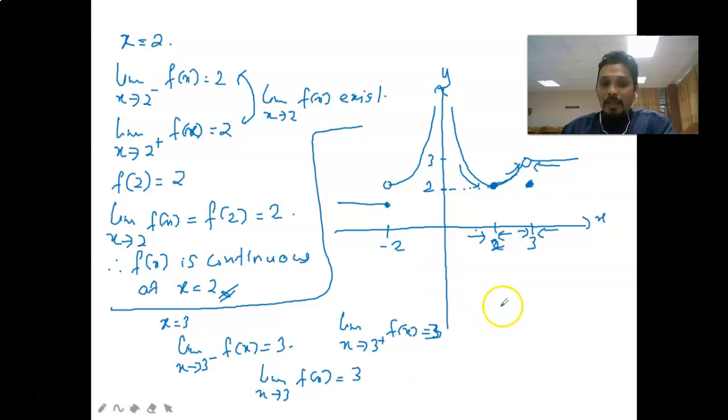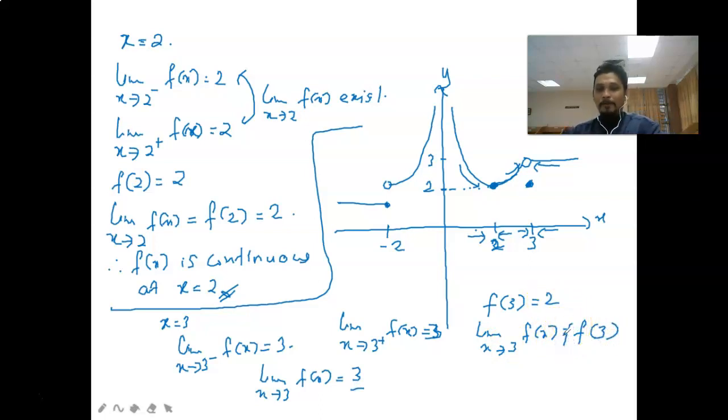But when x is exactly equal to 3, f(3) is not 3 here, the value of y equals 2. So the limit as x approaches 3 of the function f(x) is 3, and f(3) equals 2, they are not equal.